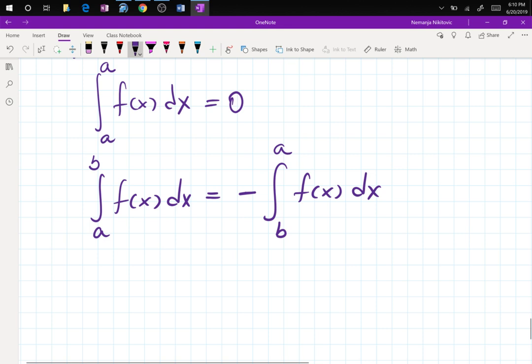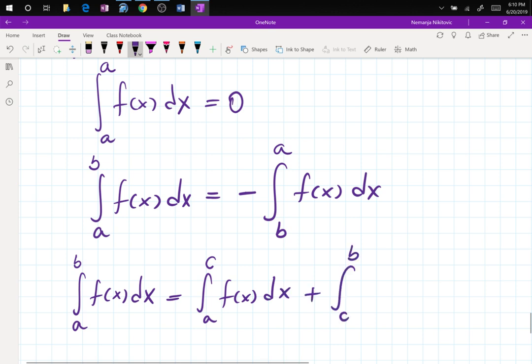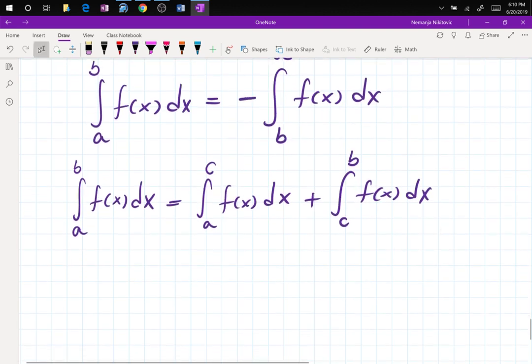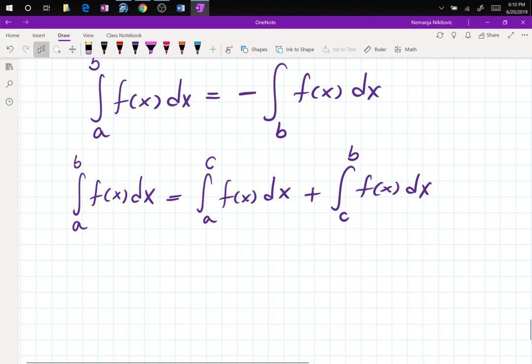So we start by writing: the integral a to b of f of x dx is equal to the integral a to c of f of x dx plus the integral c to b of f of x dx. You have to say that c is in between a and b.